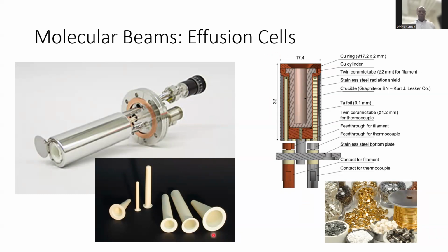Inside of this crucible, you place your high purity element, which you'd like to deposit. There are feedthroughs on the outside here, which allow you to monitor the evaporation temperatures and also control the current, which effectively controls the temperature of that cell.